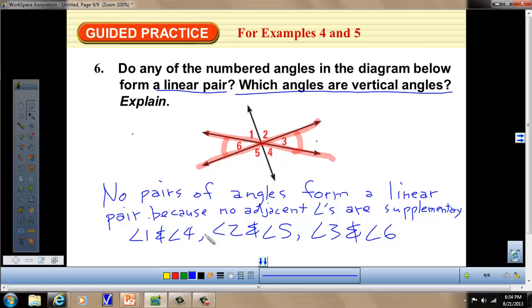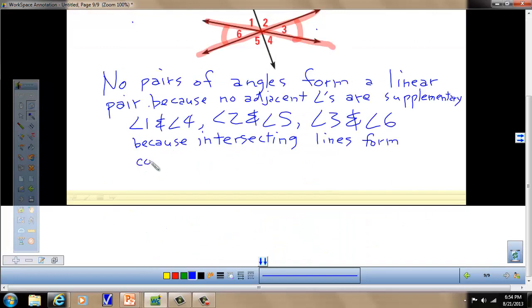Now, why are these vertical angles? We would say because intersecting lines form congruent angles across from each other. I'm kind of making this up, but you can use your own words.